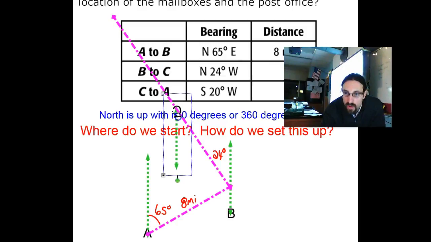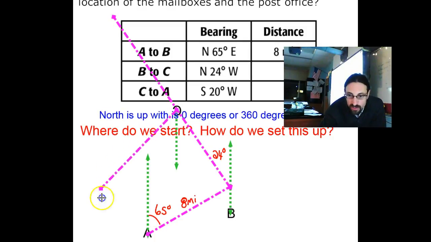And it says south, and then 20 degrees west. Well, what does that look like? Well, again, here I'm at C, and I go 20 degrees west. Well, again, here's 90 degrees west. Here's 45 degrees west. I don't know. Well, let's just call that roughly 20 degrees west.